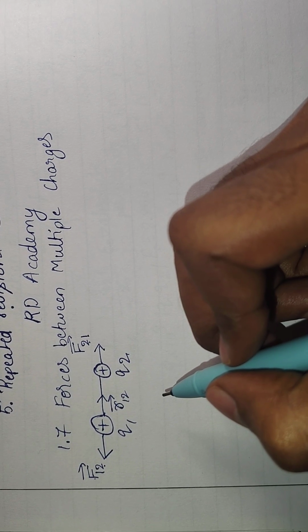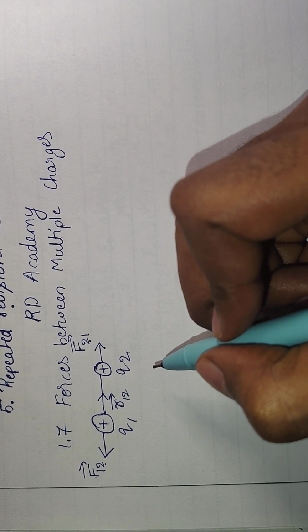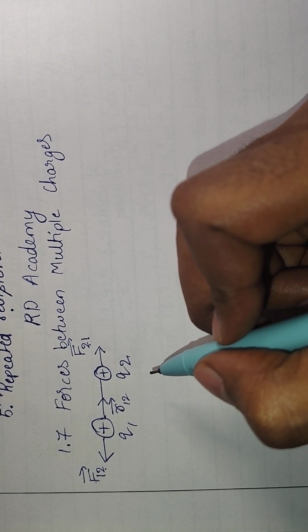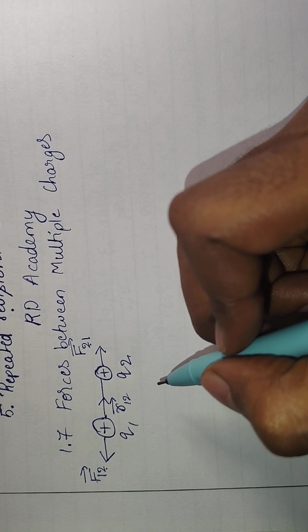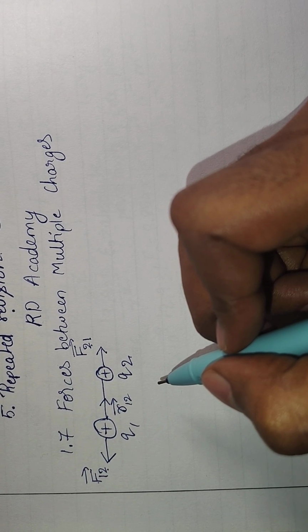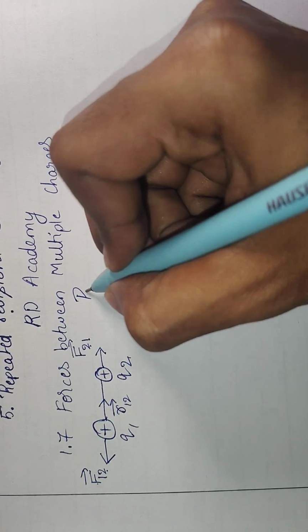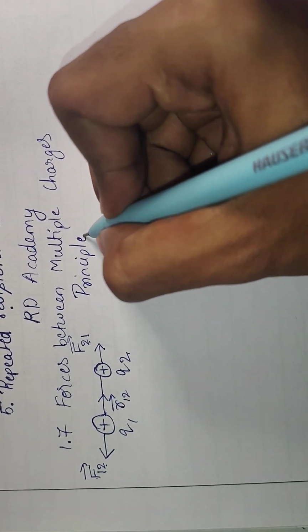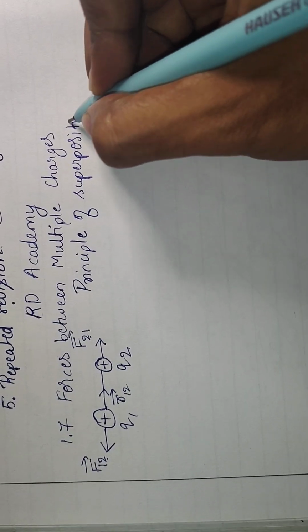Now we will extend this to a multiple charge system, that is, a system which contains more than one charge, and see what happens. To understand the forces between multiple charges, there is a theorem known as the principle of superposition.